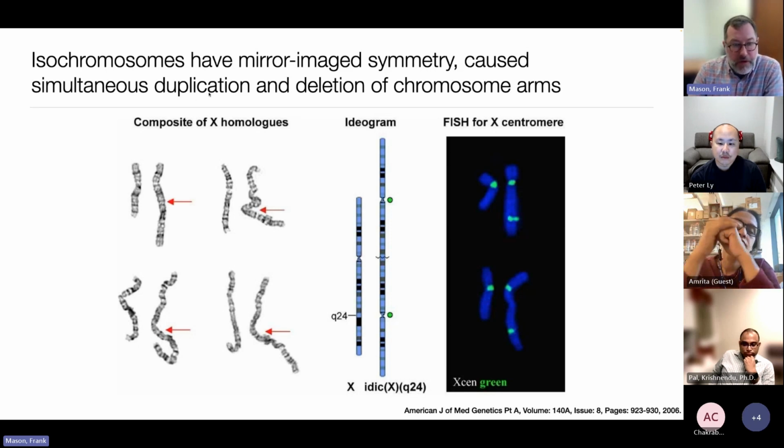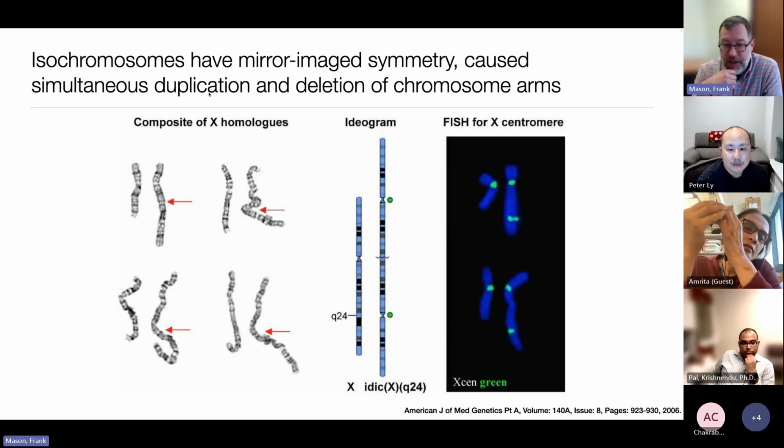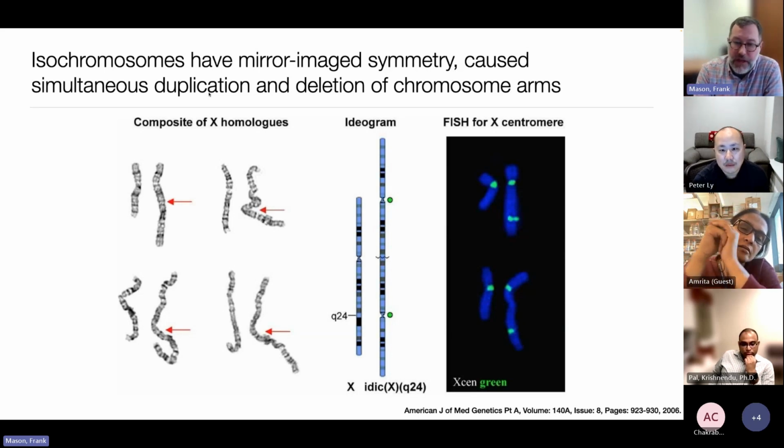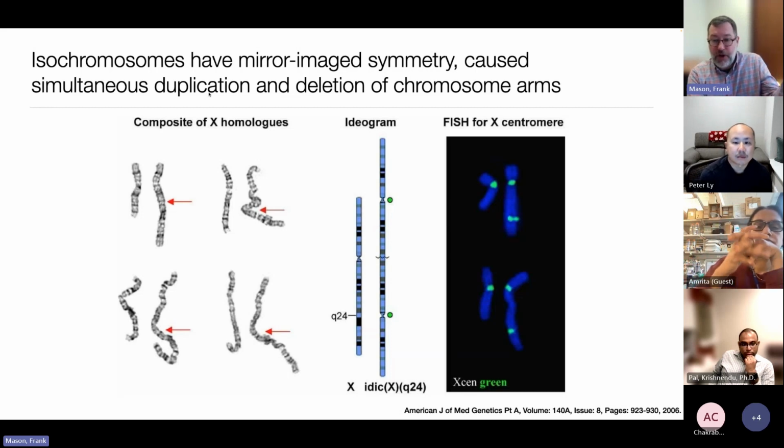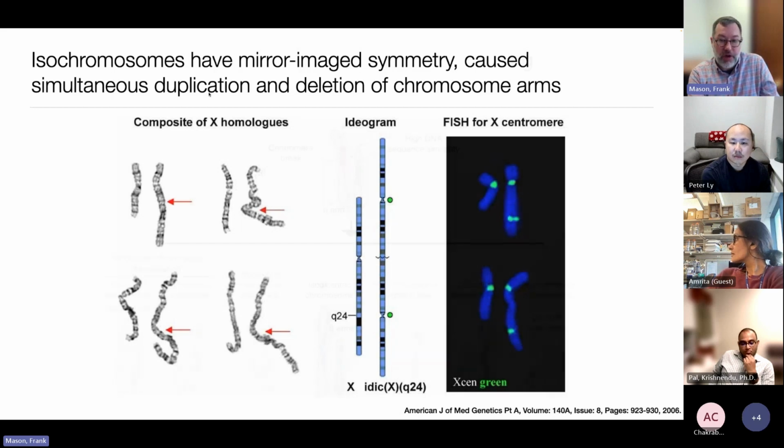And so here are a few examples of X chromosomes that have become isochromosomes, highlighted in red here. And what you can see based off of this schematic of what these X chromosomes look like is that you end up with these mirror image inversions that lead to a simultaneous amplification of incorporated chromosome arms and a deletion of unincorporated arms.